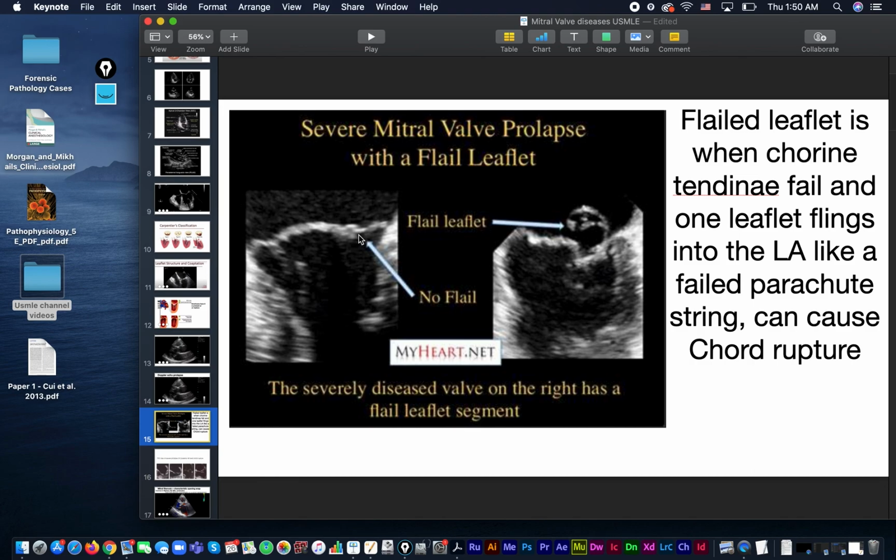Here is no flail. Why is a flailed segment severely diseased? Because it's not attached to anything, so you're more likely to get over 60 mil contralateral jet flow.